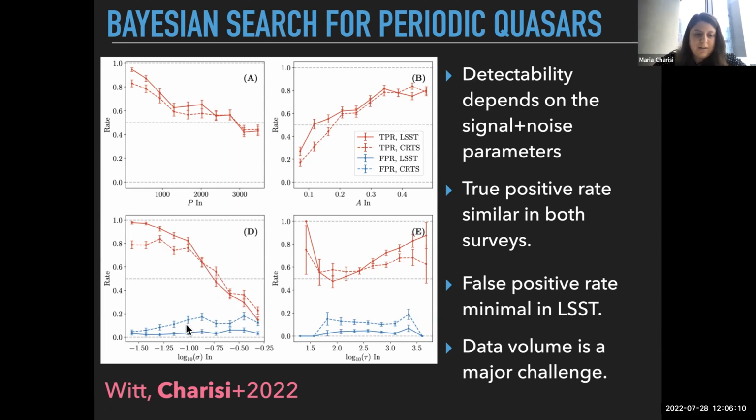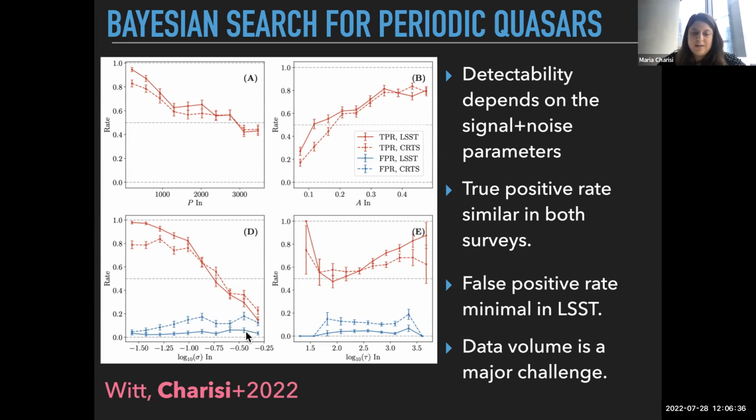And the other important thing to note is we compared with current time domain surveys, something like Catalina. And the interesting thing here is the false positive rate. So signals that we should not be detecting because they are just damped random walk. And for current surveys, we have a detection rate which is about 15%.